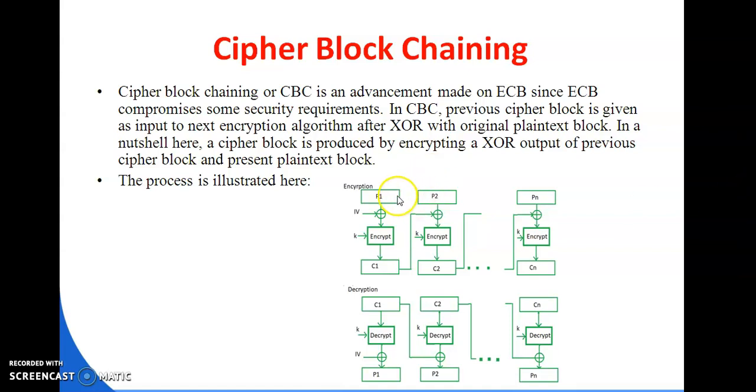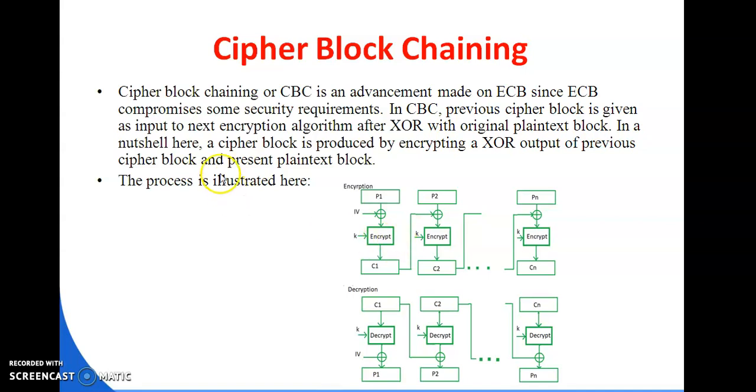That means whatever ciphertext is generated from the first block acts as input for the second block. Right? That means it is a feedback mechanism. Next, each block is used to modify the encryption of the next block. Thus each block of ciphertext is dependent on the corresponding current input plain text block.